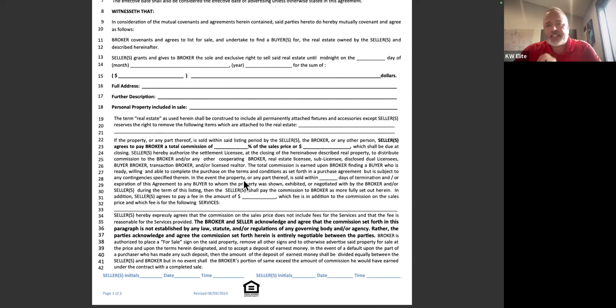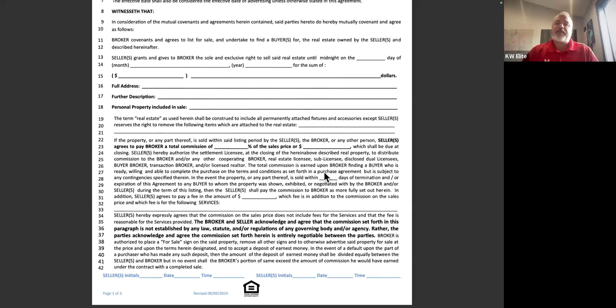It also says, and this is a key thing, in the event the property or any part thereof is sold within blank days of termination or expiration of this agreement to any buyer who showed the property, then the seller owes the commission. So basically what this means, typically people are going to put in around 60 days is what I see the most. That's what I personally put in.